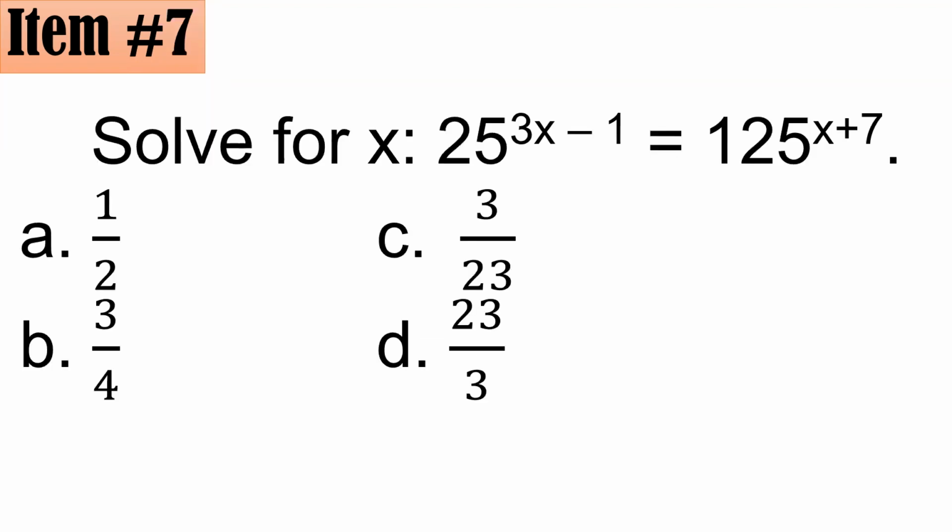Number 7. Solve for x in 25 raised to 3x minus 1 equals 125 raised to x plus 7. Did you go for 1/2, 3/4, 3 over 23, or 23/3?